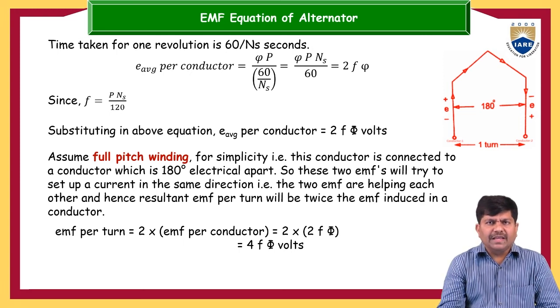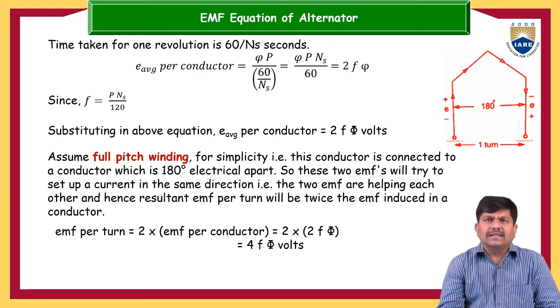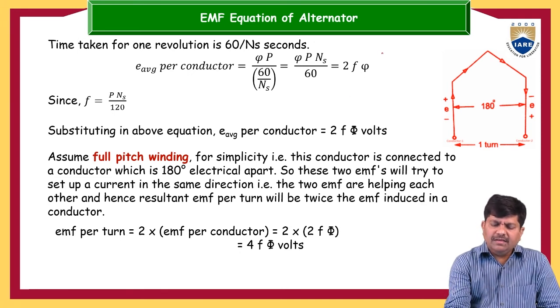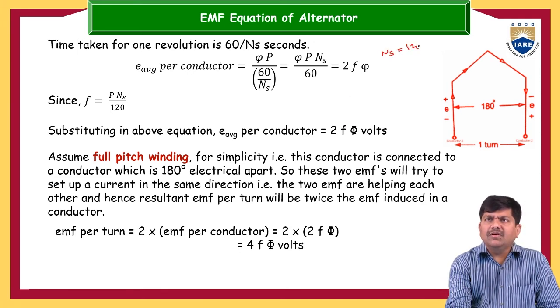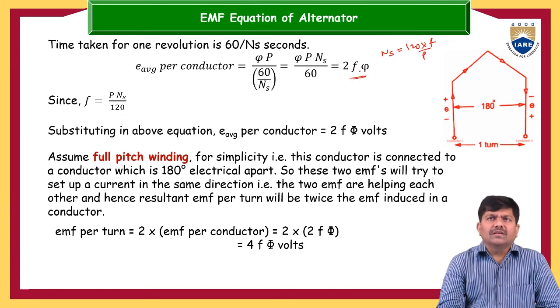Ns is 120 f by P. So P gets cancelled, and 120 by 60 is 2. Substituting this, we get 2fφ, which is the E average per one conductor.